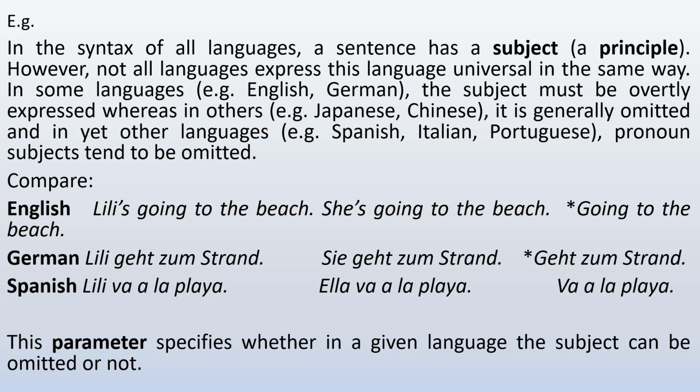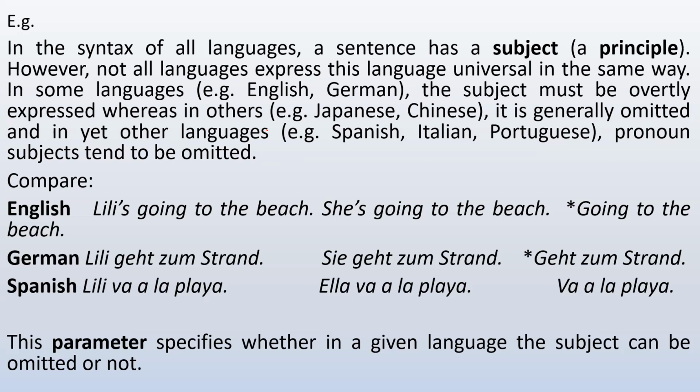We can see the existence of the subject clearly in languages like English and German. But in languages like Japanese and Chinese, the subject is generally omitted. They are not using the subject.